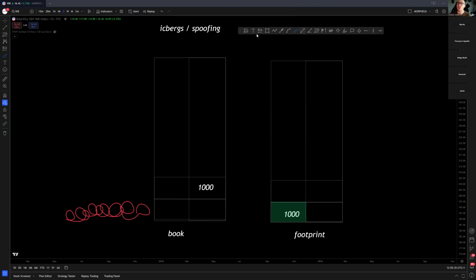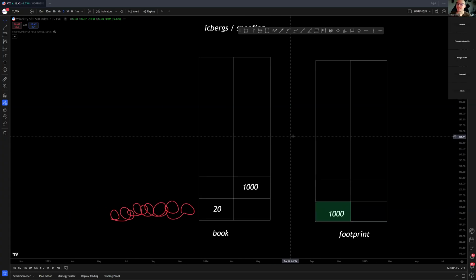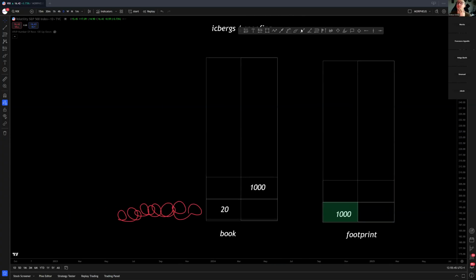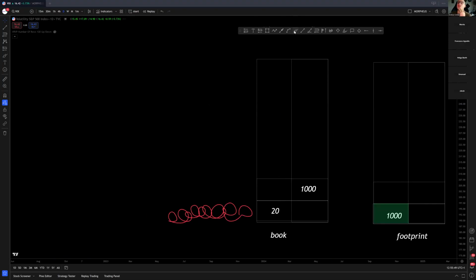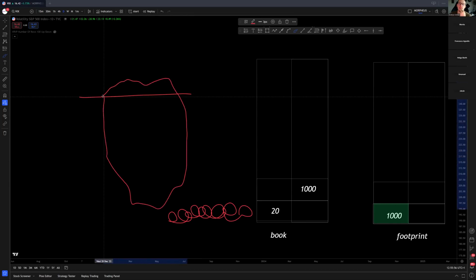So, just like an iceberg, they only show the tip. Just the tip. Okay. And that's why they call it an iceberg: if this is the water surface, you only see the top, but the big part is underneath.